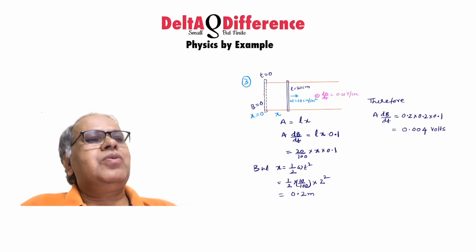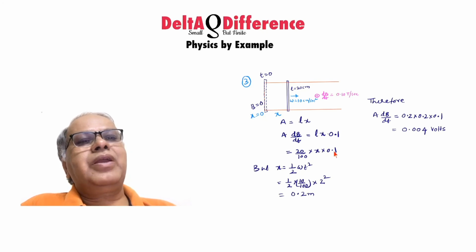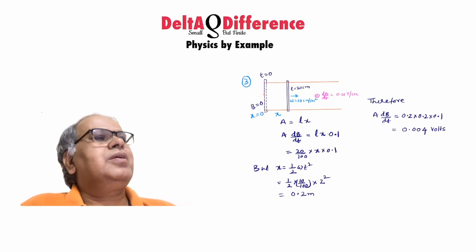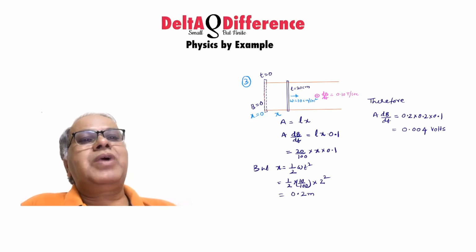So x will be equal to half into a into t square, the kinematics equation. So substitute the values and you'll get x again as 0.2. L was 0.2, x is 0.2, and rate of change of magnetic field dB by dt is 0.1. Therefore A dB by dt becomes 0.2 into 0.2 into 0.1, 0.004 volts. So the first part is taken care of.